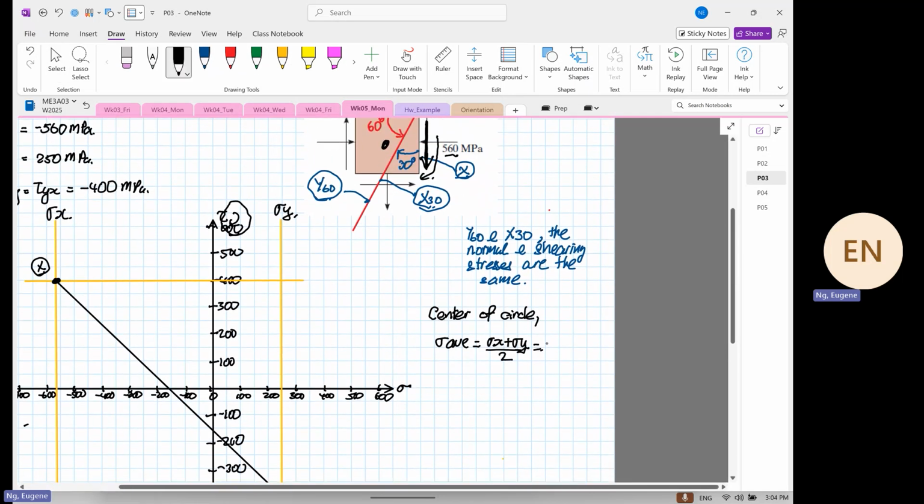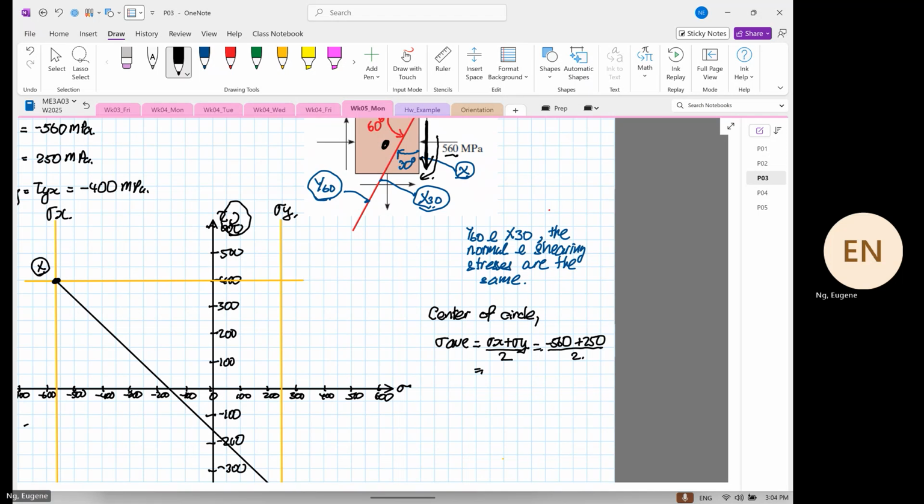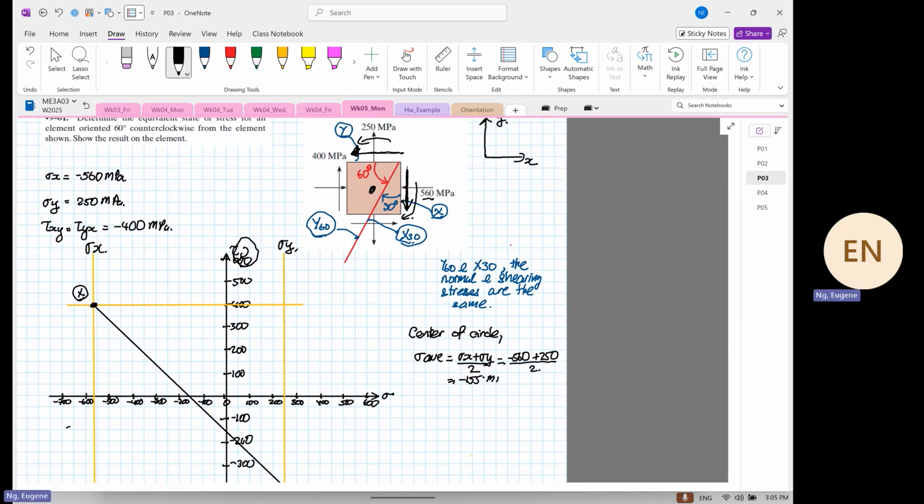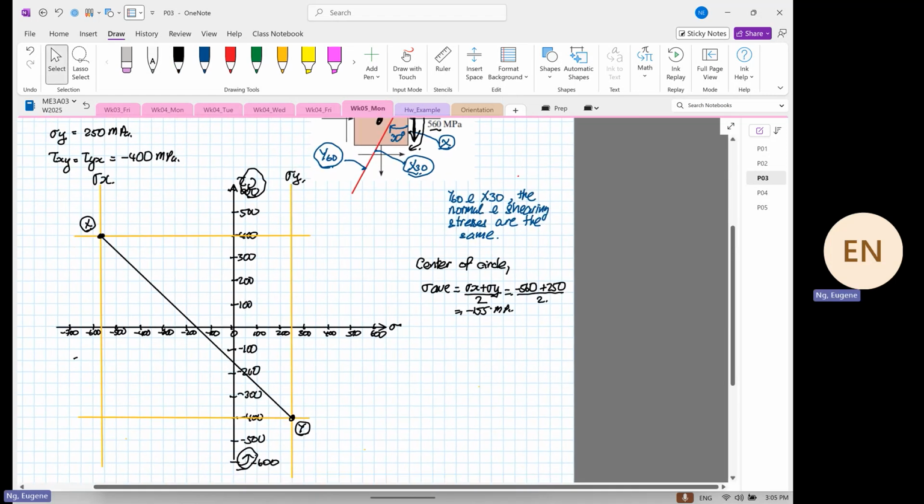So it's minus 560 plus 250, divided by 2. Remember, stresses are vectors. So minus 560 plus 250, and then we divide by 2. It's minus 155 megapascal. When we eyeball this, it's about minus 155.